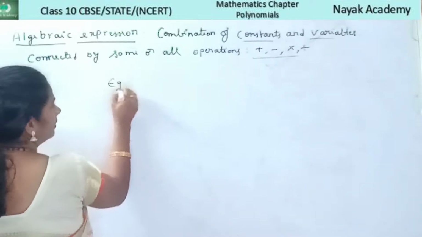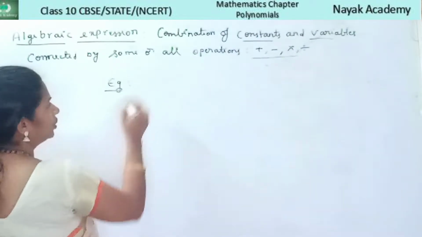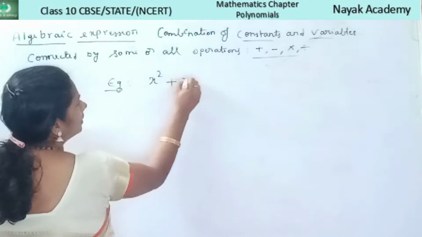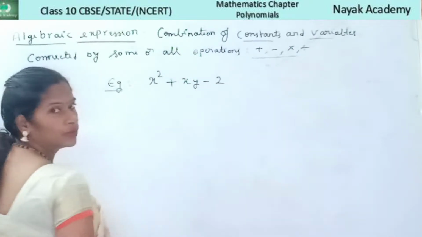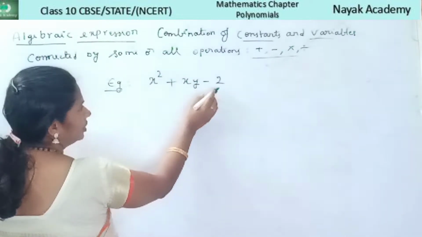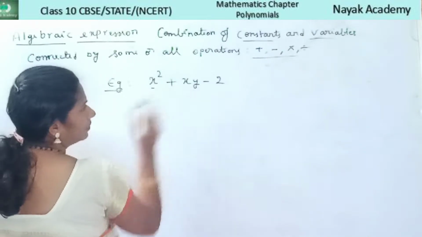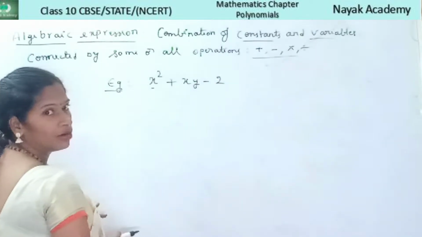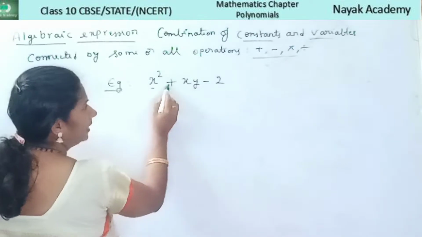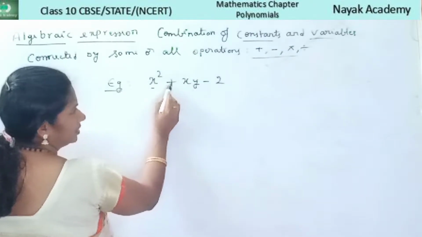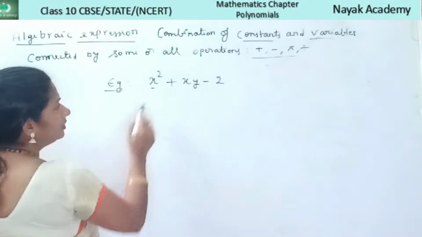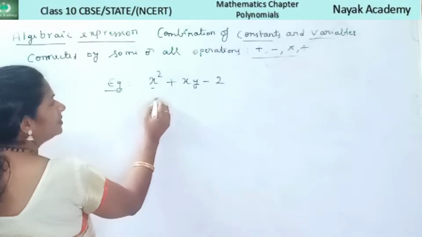Let me give an example of an algebraic expression: x square plus xy minus 2. This algebraic expression has variables x, y, and minus 2 is a constant, and it is separated by the arithmetic operations plus and minus. This algebraic expression has three terms.